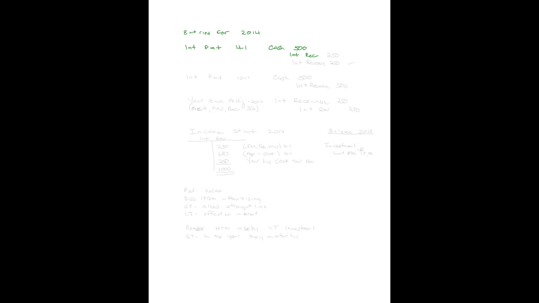We reduced interest receivable for the period October through December, and we picked up interest revenue for the 3 months, January, February, and March. Then we'll receive another interest payment on October 1st, at which point we'll receive cash of $500, and the whole thing will go into interest revenue because it all falls in one calendar year.